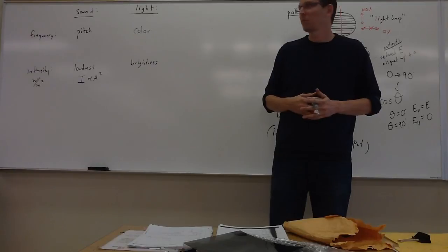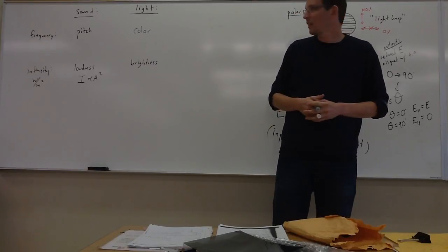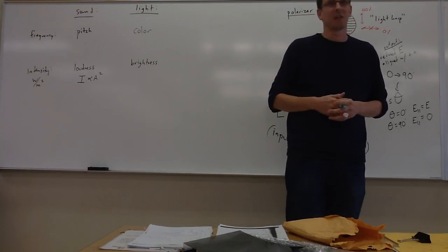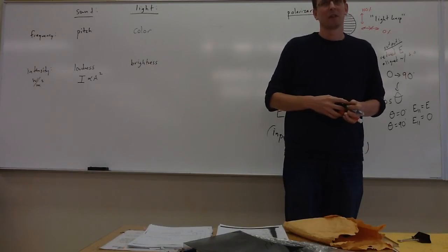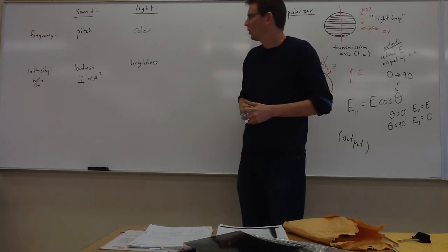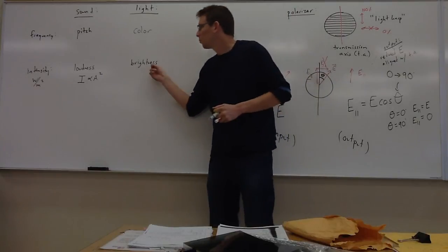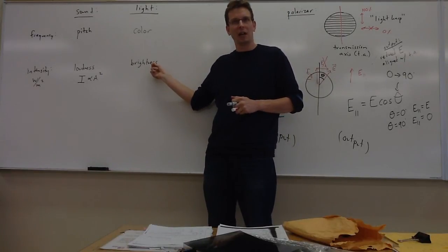So, of course, you might say, ow, that light is too bright, instead of, ow, that volume is too loud. So think of it like brightness is like loudness for your eye.